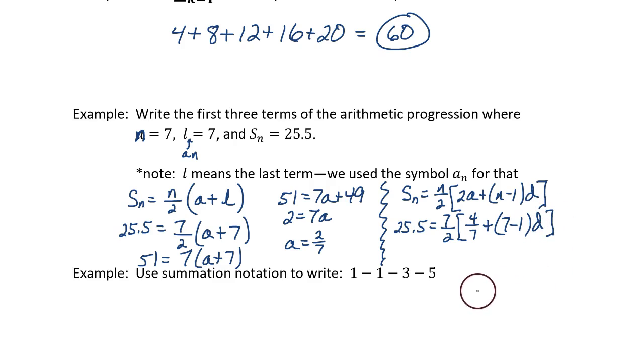Now let's solve this. We could multiply both sides by 2, getting 51 equals 7 times 4/7 plus 6d. Then distribute. 51 is equal to 4 plus 42d.